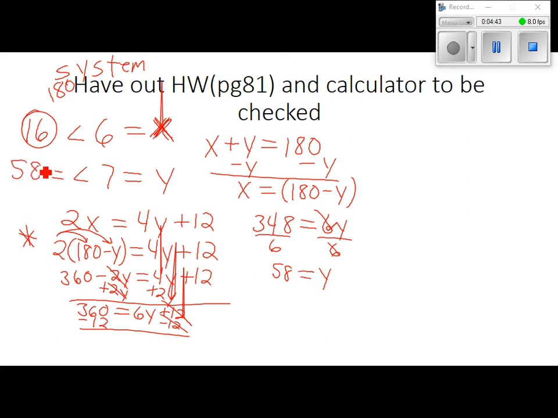So what's the measure of angle 7? 58 degrees. How can we find angle 6? 180 minus 58 is the easiest way. Are there other ways we could have done it?